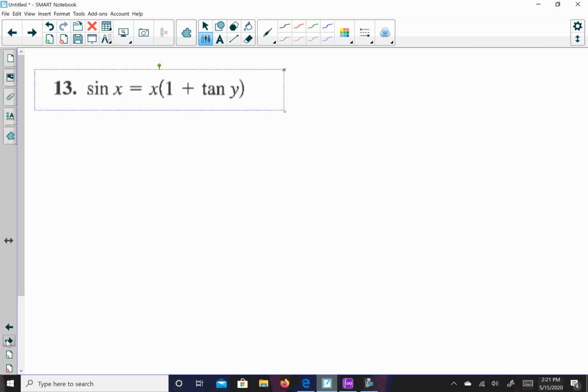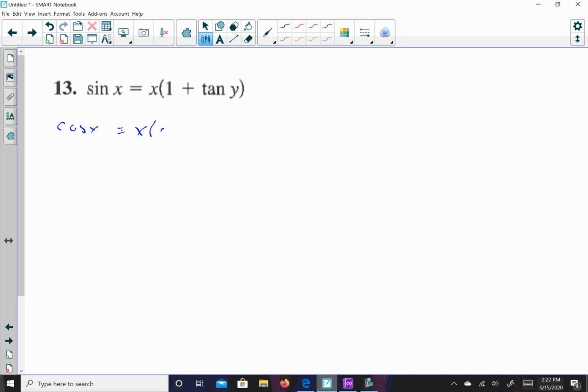Number 13 is still from the same set. You're still finding the derivative of y in terms of x, but I thought I'd do one with a trig function. When I take the derivative of sine of x, that's going to be cosine of x. Again, the derivative of x is just 1, so I don't need to write a dy/dx. Here I'm going to have to do the product rule. So I'm going to leave x alone, take the derivative of what's inside the parentheses.